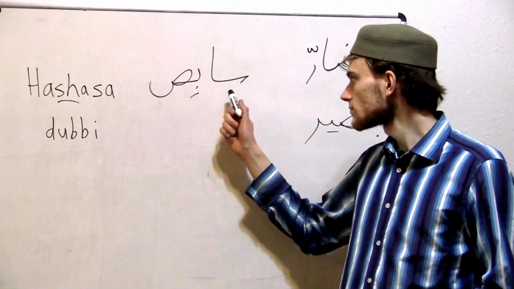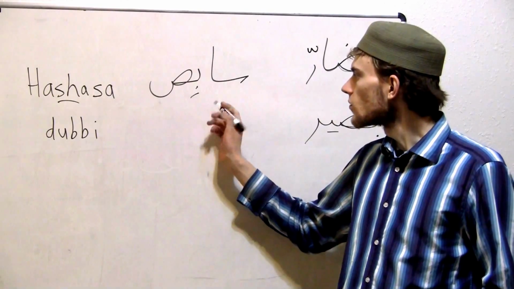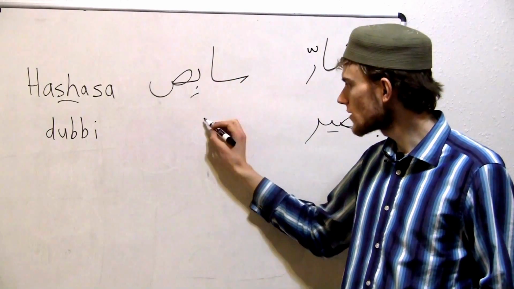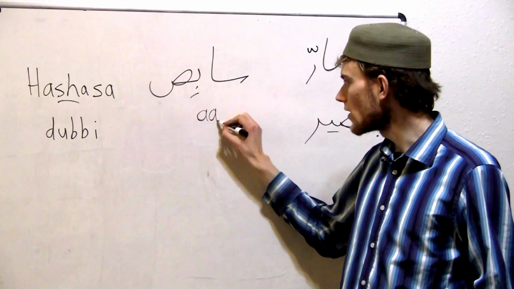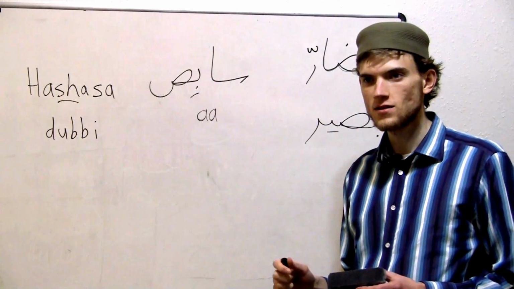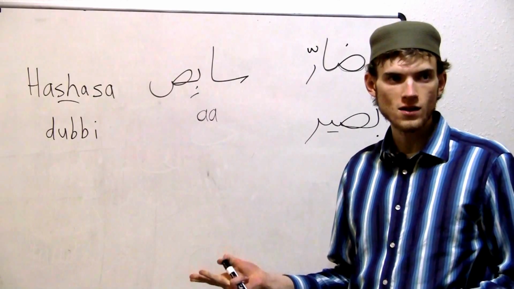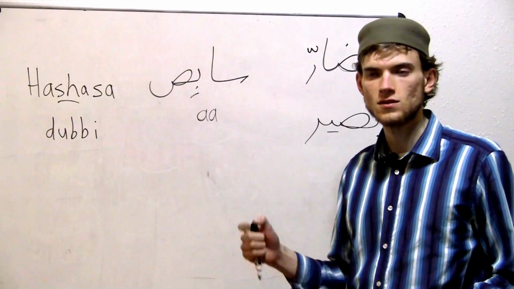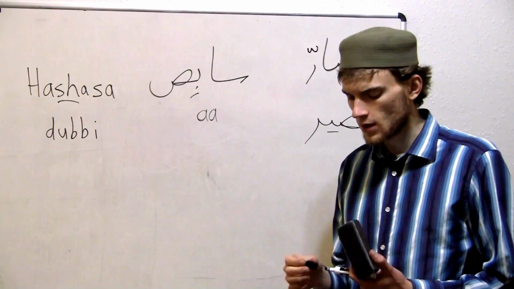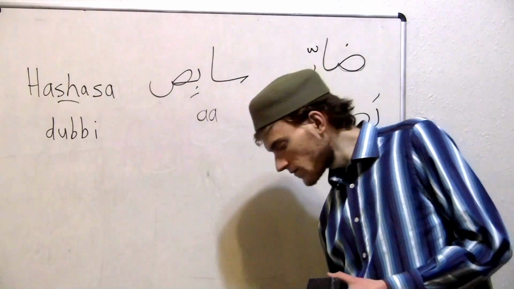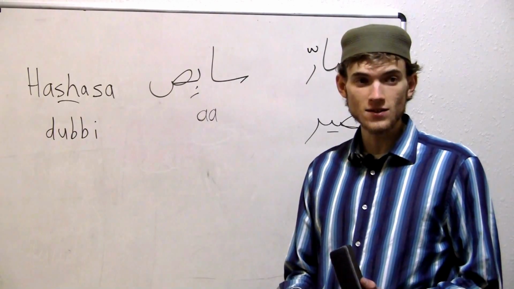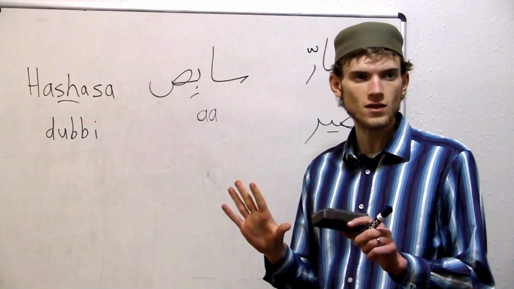So when we think about this alif, we know that if we were to write it out in English transcription, it would be 2 A's to show that it's a long vowel, right? Doubly long, double the length of a short vowel, a fatha, which is just a. But we know that alif has 2 different sounds. It can sound, normally it sounds like what? If alif is just in its normal position.